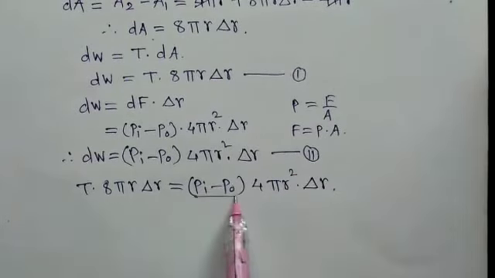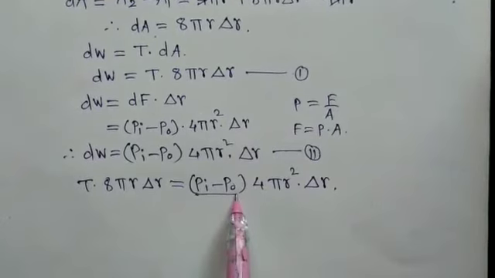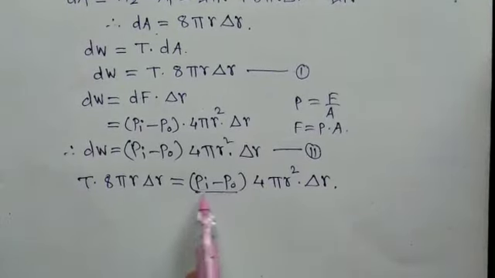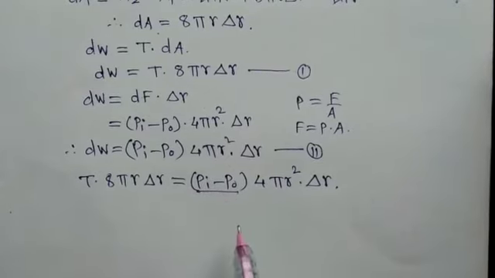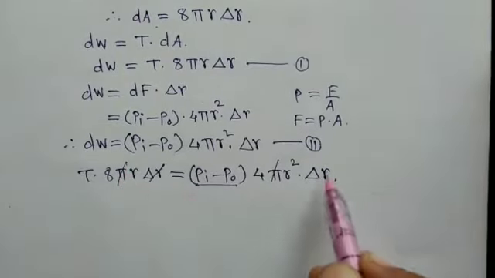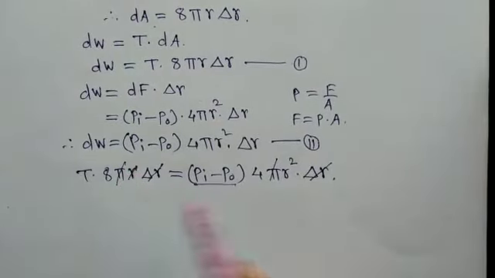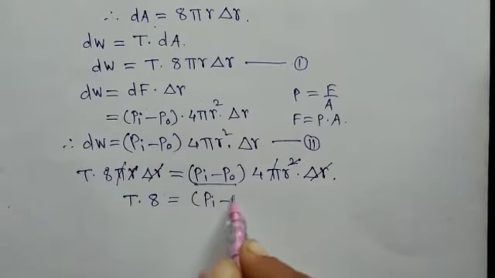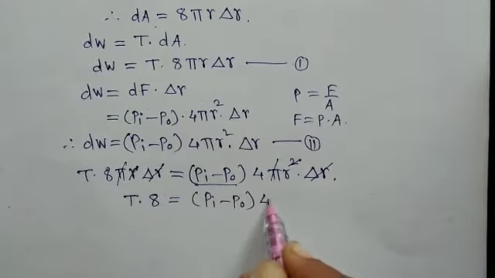Here Pi minus P0 is the excess pressure. Since Pi is greater than P0, we take Pi minus P0 as the excess pressure. Now cancelling the same terms, delta r and one r also get cancelled. Therefore the remaining terms are T into 8 is equal to excess pressure into 4r.